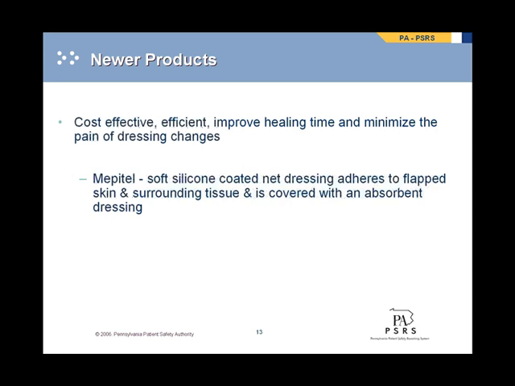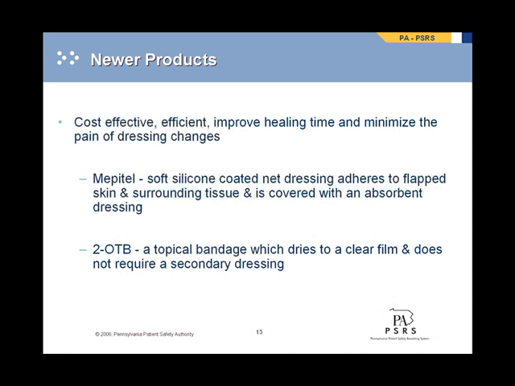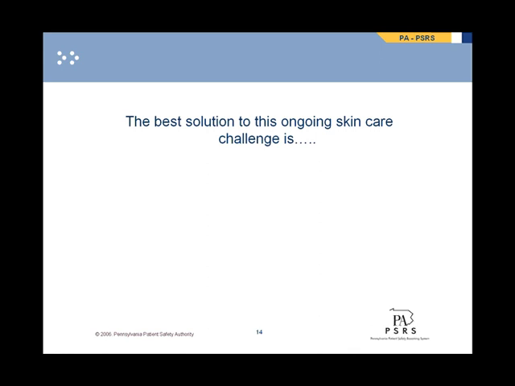It is a soft, silicone-coated net dressing that adheres to the flap skin and tissue and is covered with an absorbent dressing. Another exciting product is a topical bandage called 2-OTB, which dries to a clear film. A secondary dressing is not needed. Remember, the best solution to this ongoing skincare challenge is prevention.